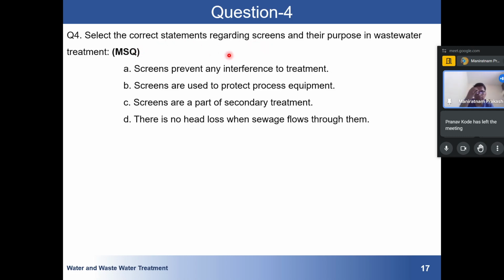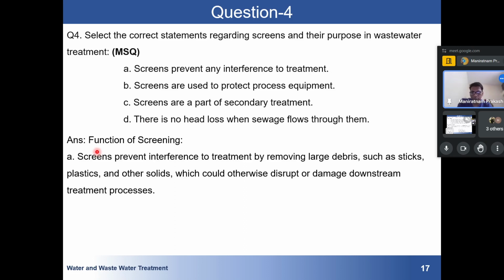Select the correct statement regarding the screen and their purpose in wastewater treatment. Before answering, you should know what a screen or screening is. First remember, this is a part of preliminary treatment.